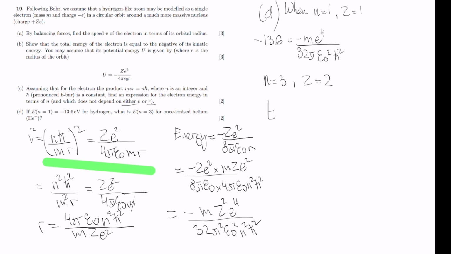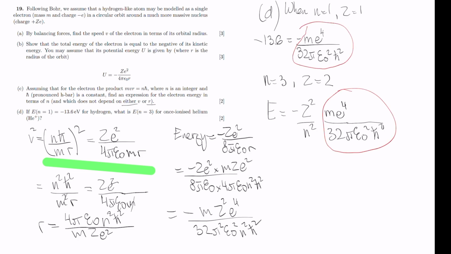We can find an expression for the total energy, which, let's just take the factor of minus Z squared over n squared. And look at this, what are we left with? We're left with m e to the power of 4 over 32 pi squared epsilon naught squared h bar squared. But if we look closely, we're going to see that this expression here is actually just going to be equal to 13.6.